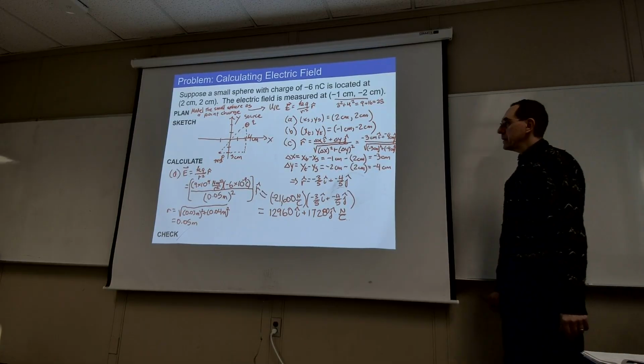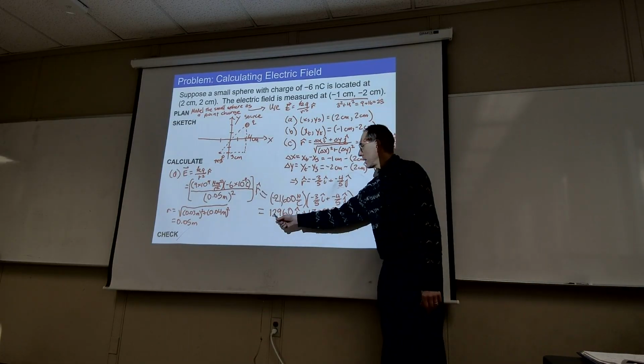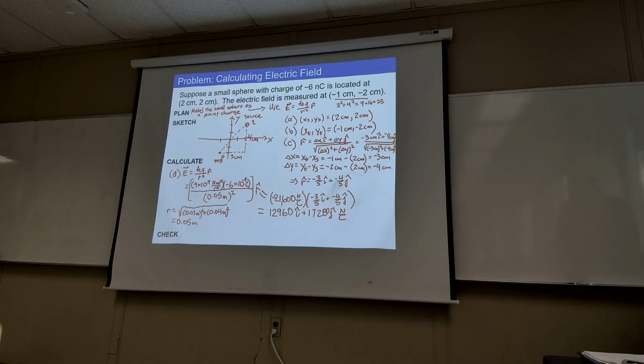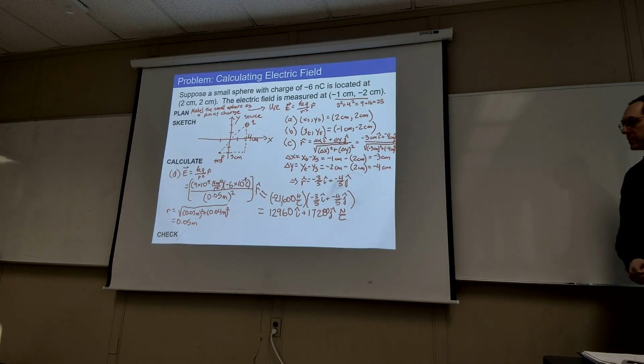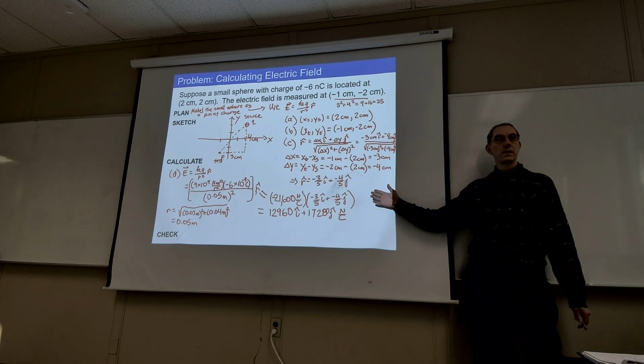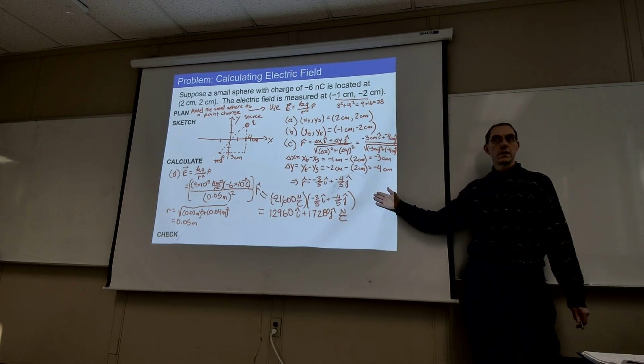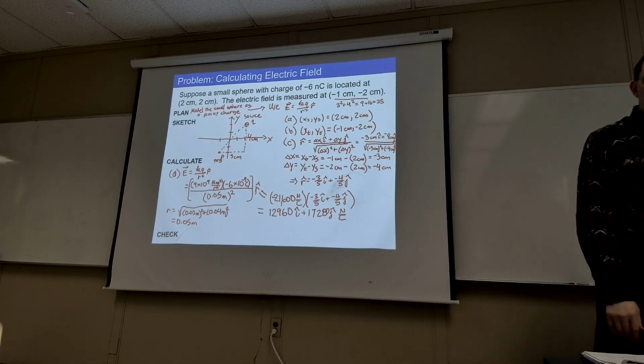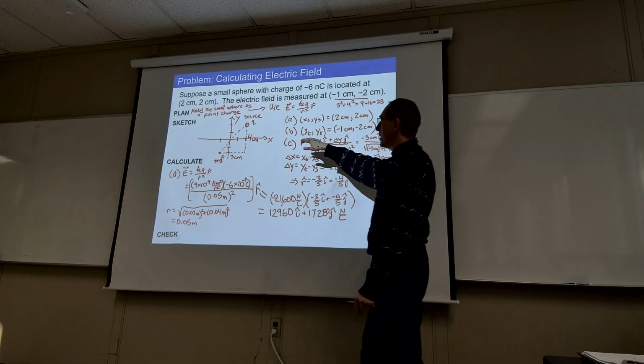Okay, so that would be our electric field. Great. Any questions here about this calculation? We do want to check ourselves, so let's ask the question. I've got a negative charge right here.